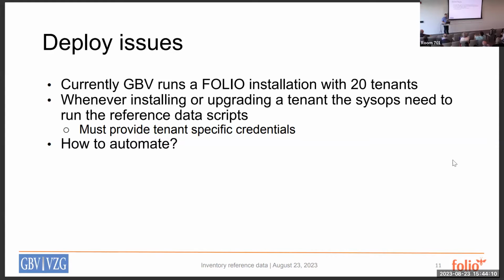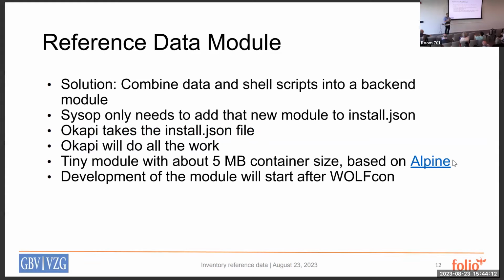And the idea is we make a special module that runs these scripts, and so we want to combine the data from these two repositories and also the scripts, and then we put the name of this new module into the install JSON file, and that is used by Okapi to install or migrate a tenant to the new version.